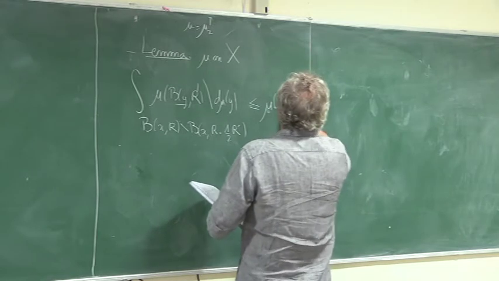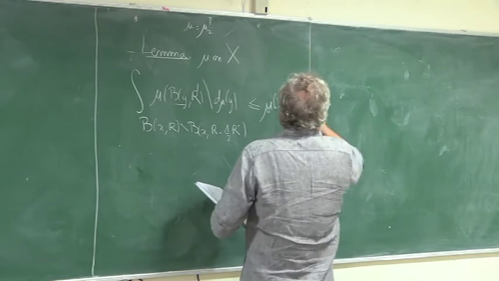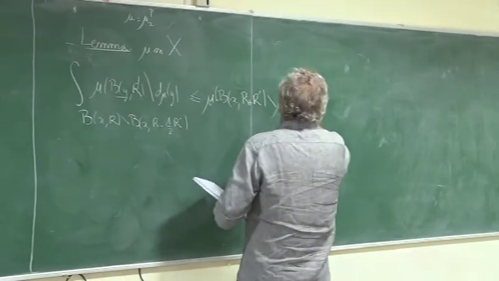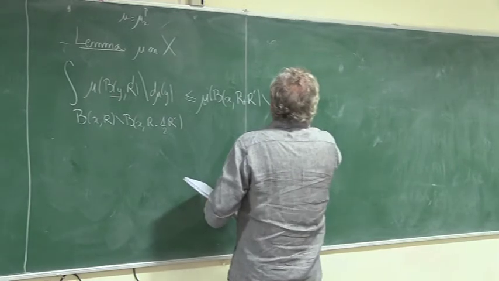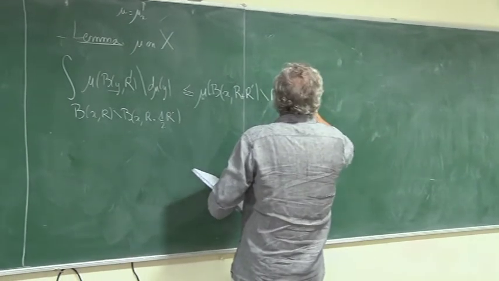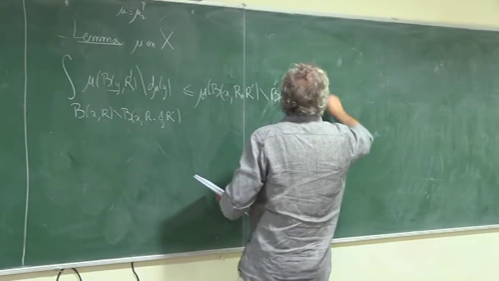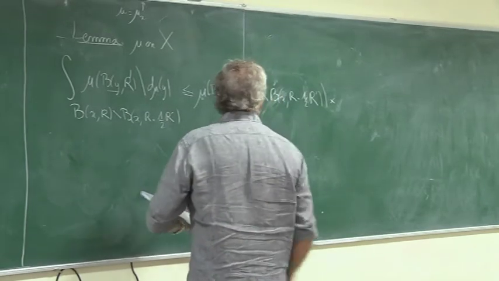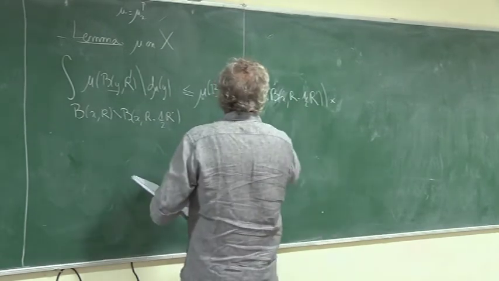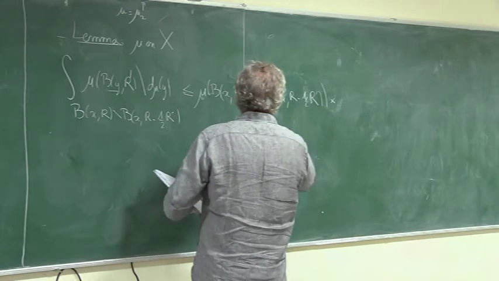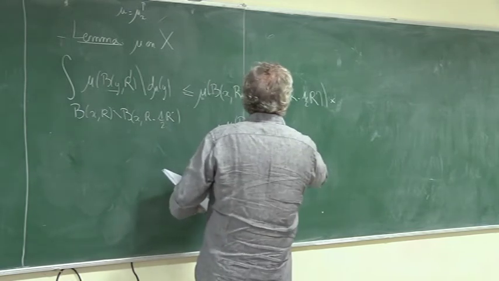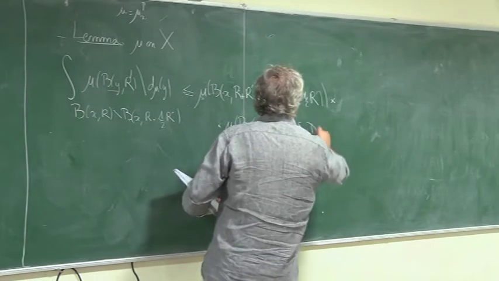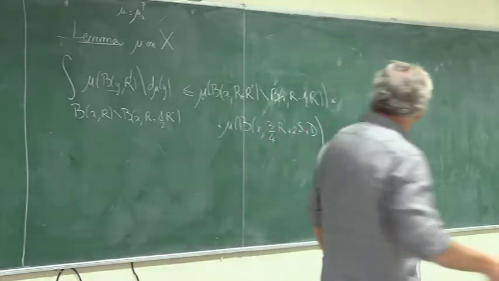The measure of the annulus of radius r plus r prime and, I'm sorry, r minus 1/2 of r prime, multiplied by, since I need some room, I will put here the second term, mu of the ball of radius 3/4 of r prime plus 2 delta plus d. Okay. So what is this mess?